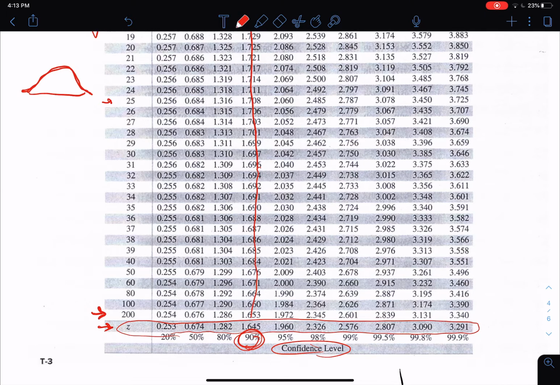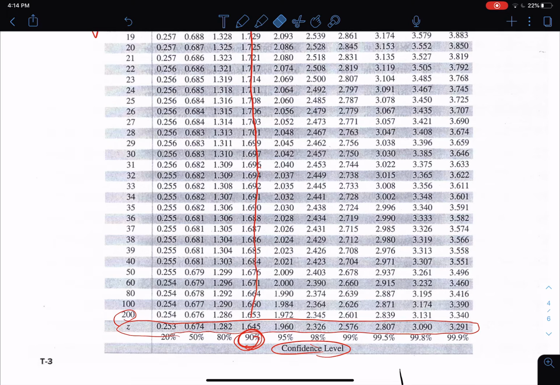Okay, so there's definitely a connection. This t-distribution is not normal, but it is close to normal, and as we get above 200 degrees of freedom, we just use our normal z critical values because it's that close. Okay, so that's something to realize.